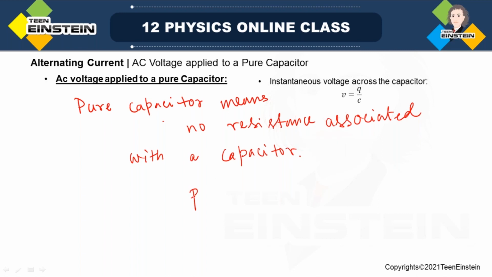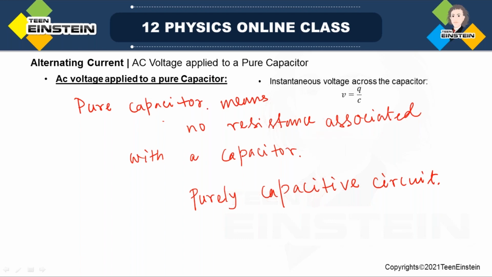Okay, so when we connect such a capacitor in a circuit, that circuit will be called a purely capacitive circuit, if we use this kind of capacitor.